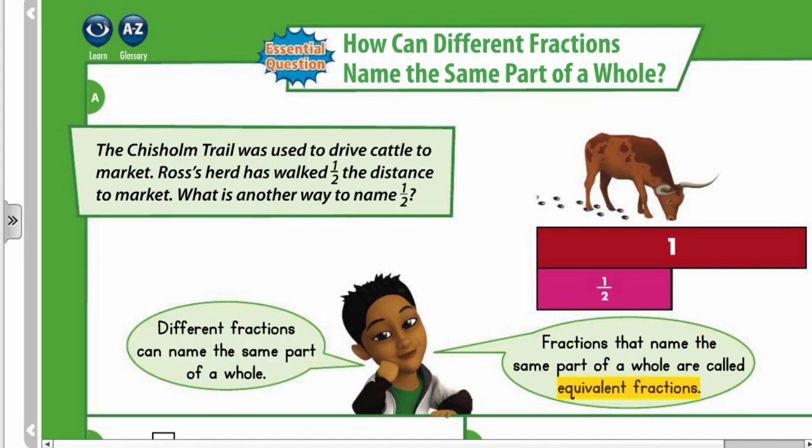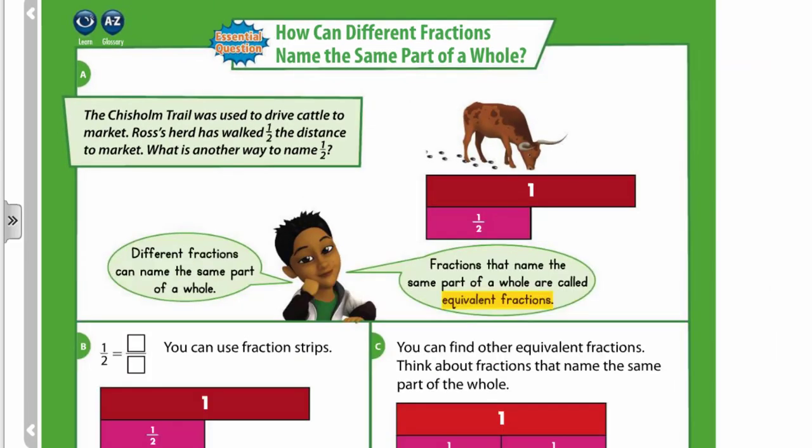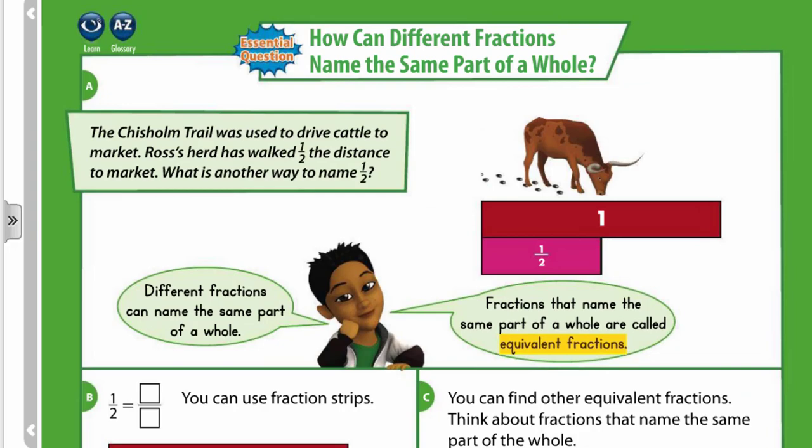And this is where we start. What page is this? 677. Yes, thank you, my heroes. Okay.